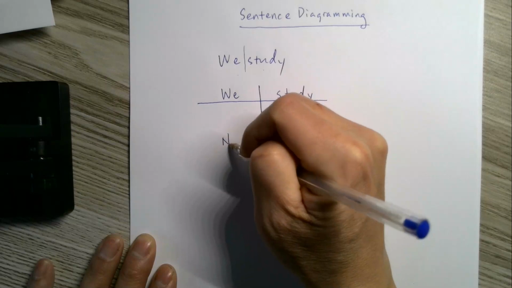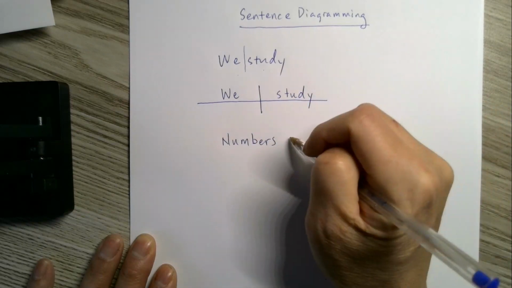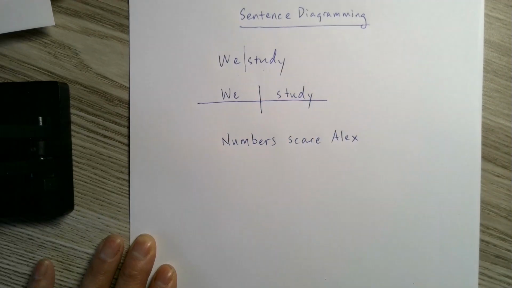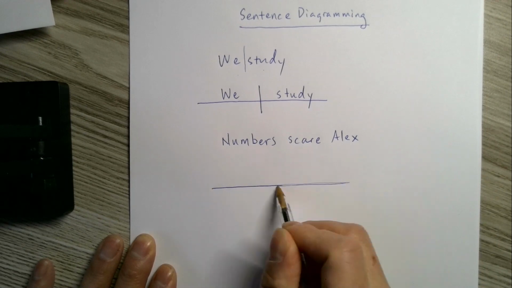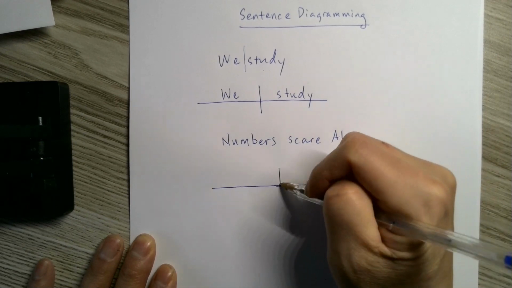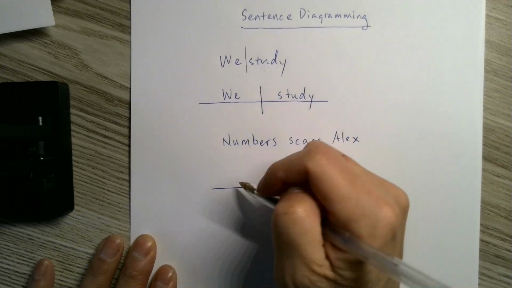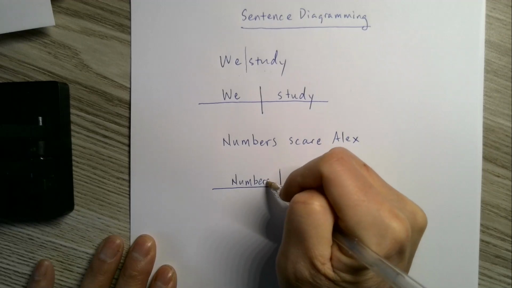So the second sentence we'll diagram is this. Numbers scare Alex. So I draw my horizontal line, the halfway line. Again, the subject is numbers.